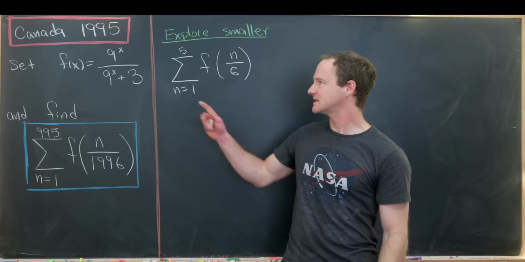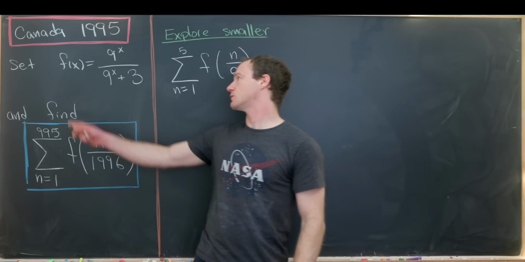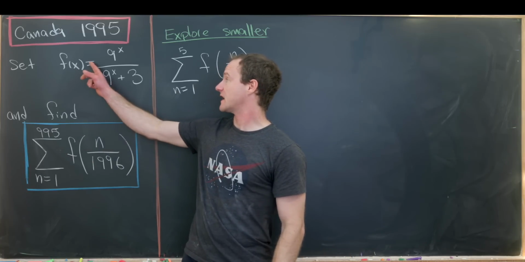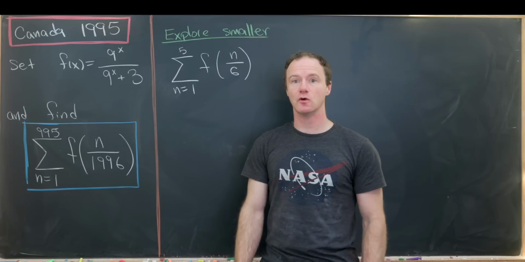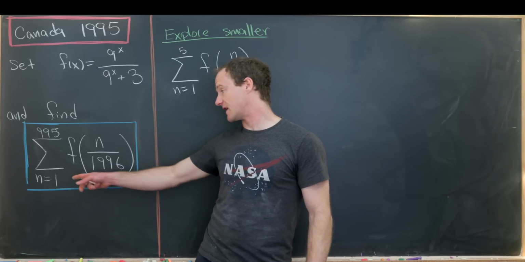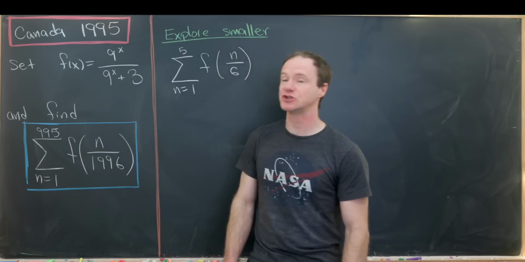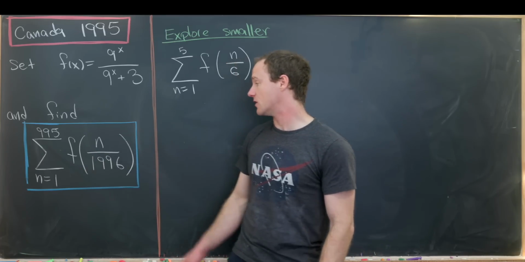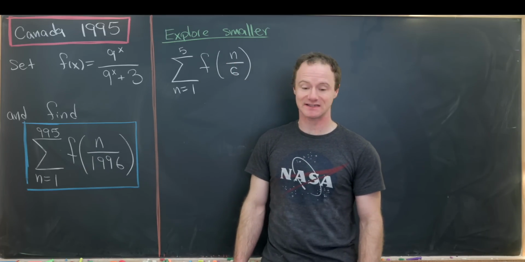So anyway, let's get into this problem. We want to consider the following function, which I'll call f, where f of x is equal to 9^x over 9^x plus 3, and our goal is to find the sum as n goes from 1 to 995 of f of n over 1996.